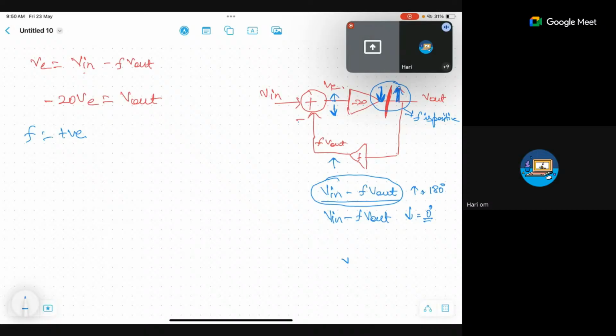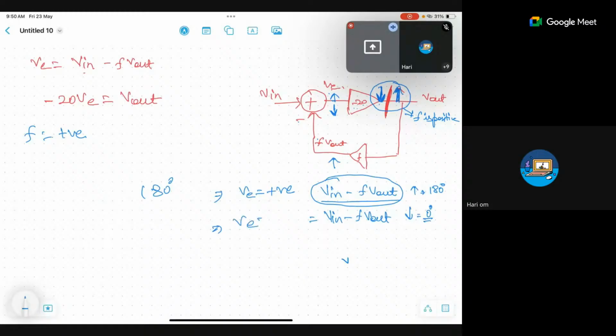Yes, sir. Okay, V in minus F times V out, that is VE. If VE is multiplied with negative, we are getting a negative voltage. If VE is already negative and multiplied with negative, we are getting a positive voltage. So we can say if VE is positive, then positive multiplied by minus 20 volt, we are getting a 180-degree phase shift.